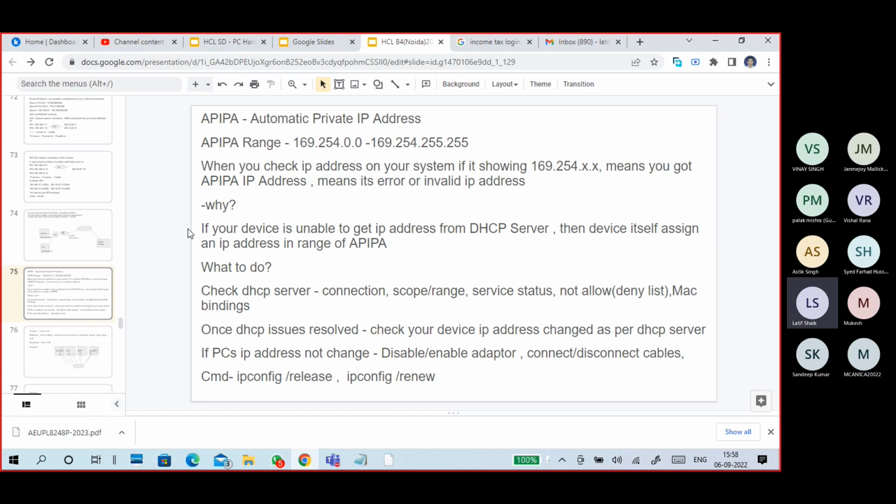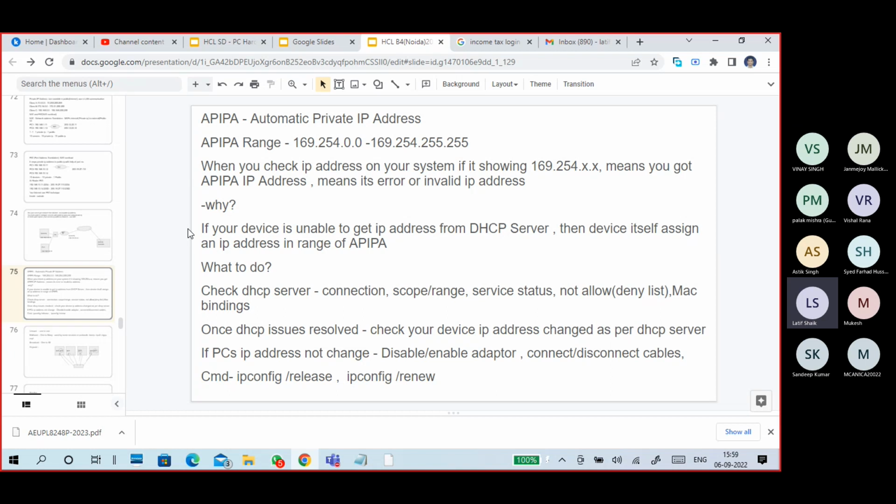We cannot communicate with an APIPA address. So what to do? First check the DHCP server, connectivity, and any software. Make sure the DHCP server is working fine. Once you are done, you will get an IP address from the DHCP server and the error will be gone.